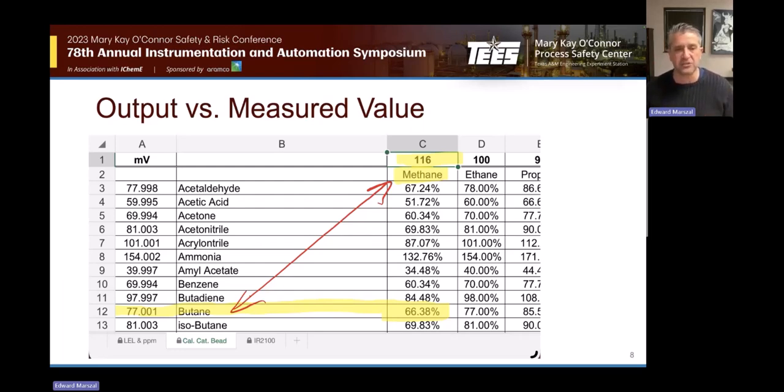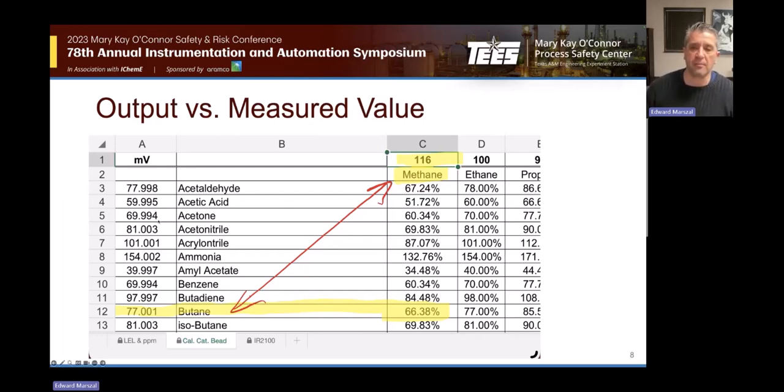You're using the bridge to get a differential, and that's going to be in millivolts. So if I am measuring a 50% of LFL of butane, there is a certain millivolt measurement that is correlated to that.